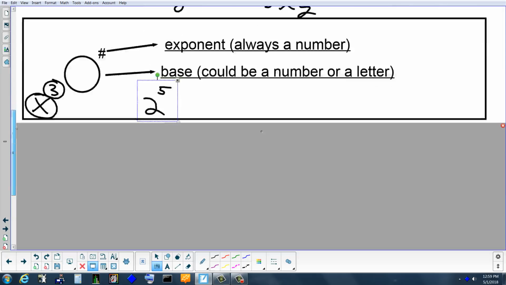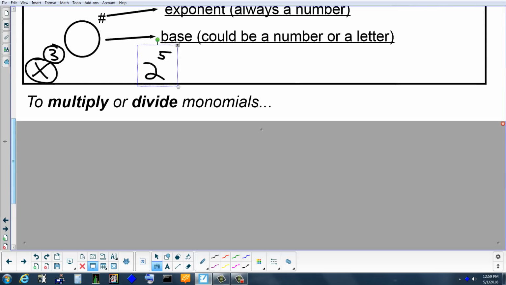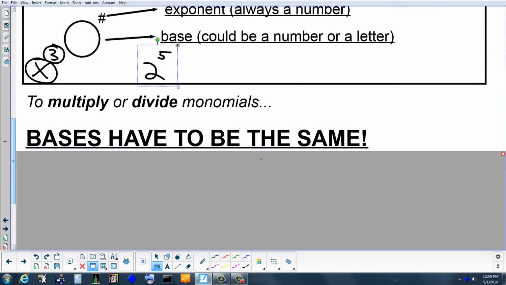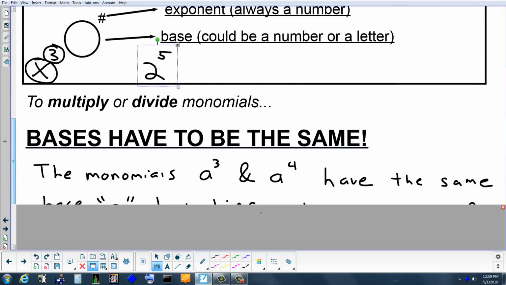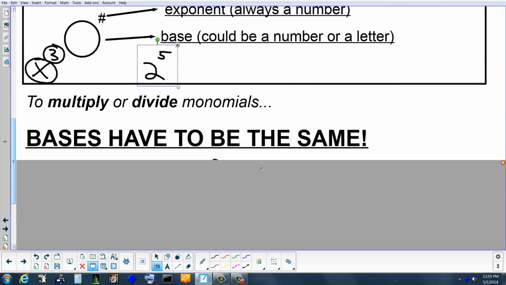Okay, easy enough. So, to multiply or divide monomials, this is on your note sheet. The bases have to be the same. There's a line right below it, and on that line, you put bases have to be the same.